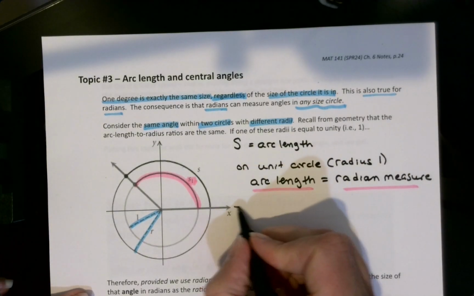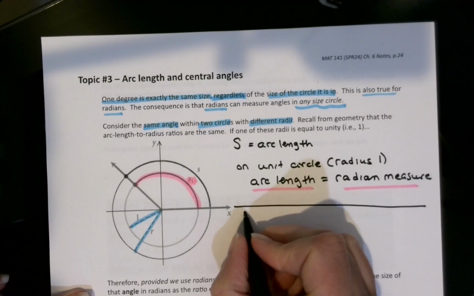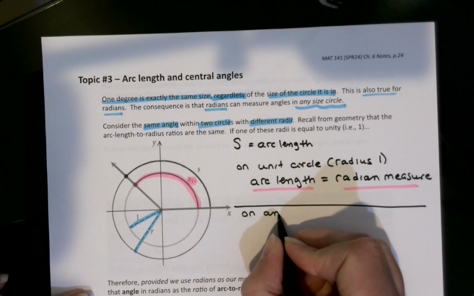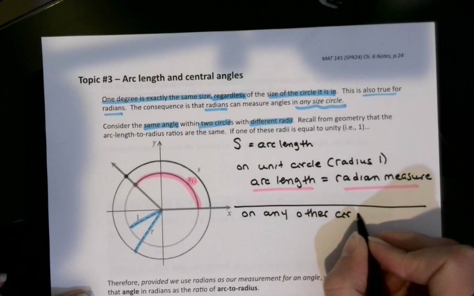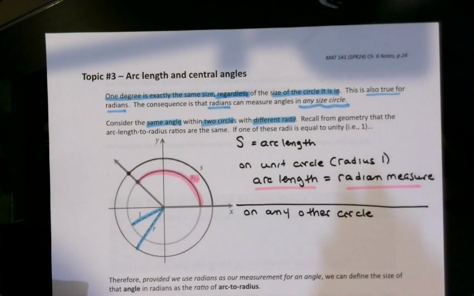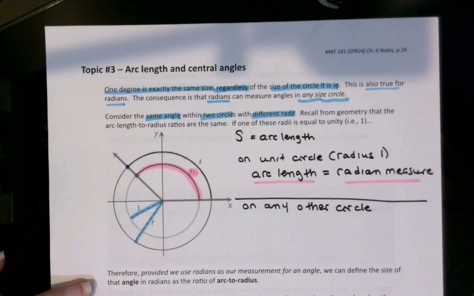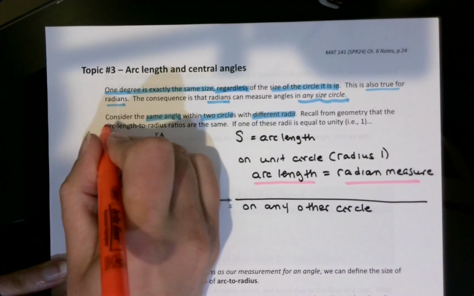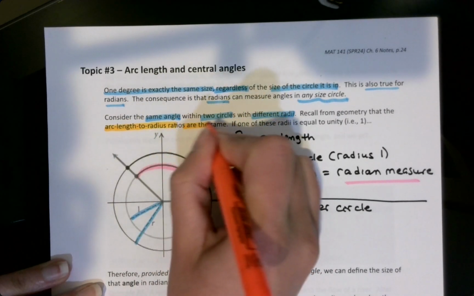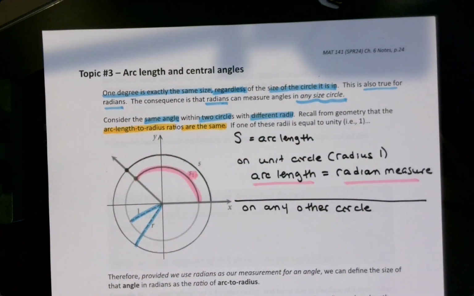On the other circle, on any other circle, the arc length to radius ratios are going to be the same.